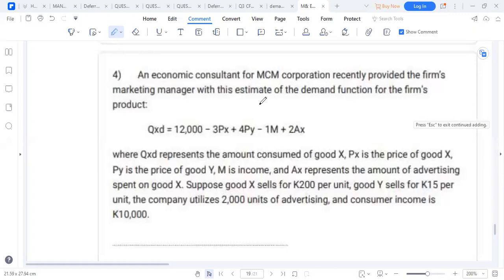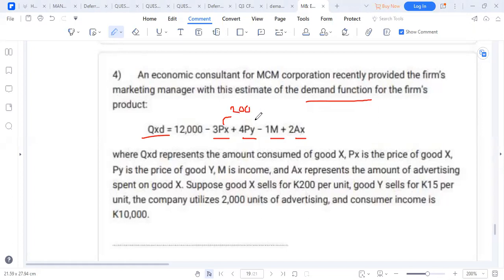Okay, so we are told that a consultant was provided with the following demand function. This demand function of X depends on the price of X, the price of Y, income and advertising. The price of X here was 200.